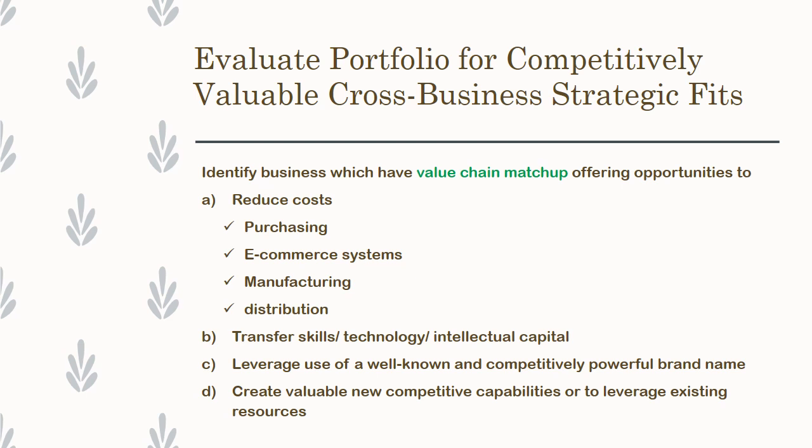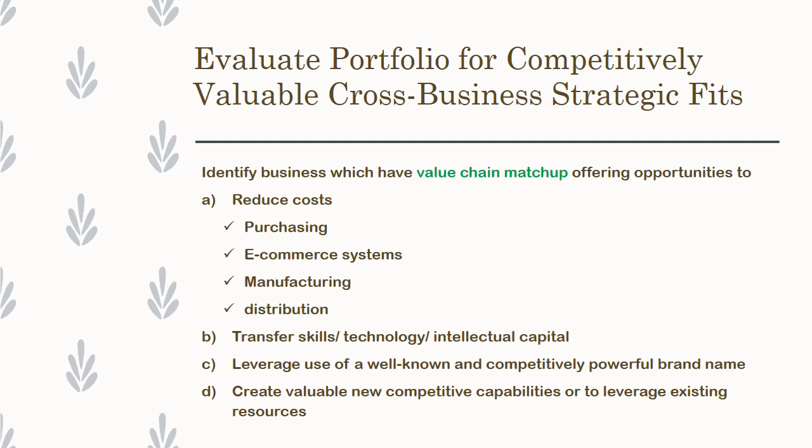To evaluate a portfolio for competitively valuable cross-business strategic fit, it must identify businesses which have value chain match-ups offering opportunity to reduce costs, such as in purchasing, e-commerce systems, manufacturing, and distribution.